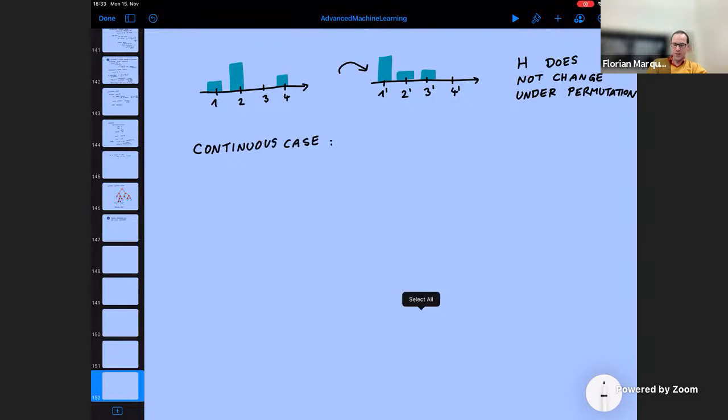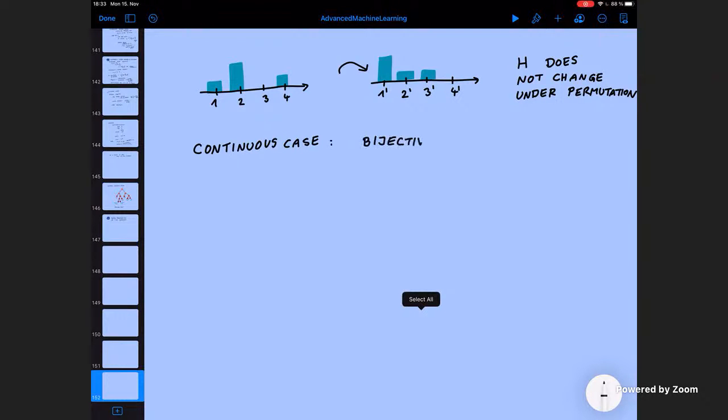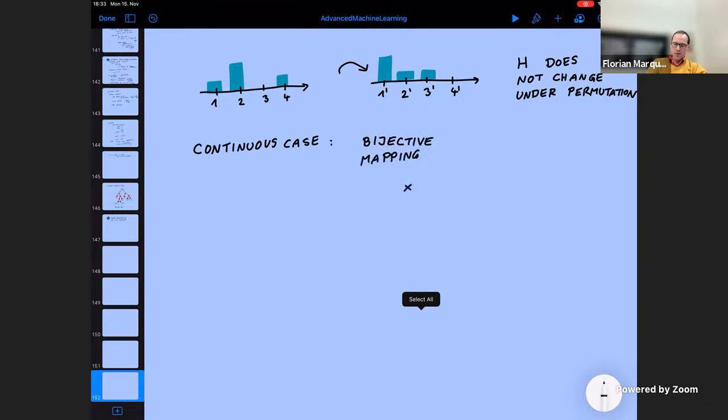So let's consider a bijective mapping, which just means I take my old values X, I apply a bijective one-to-one function to it, and I get new values Y. So something like here's X, here's Y, and then I just, in 1D, I would just need a monotonously rising function, something like this, that would do the job. So that's bijective.